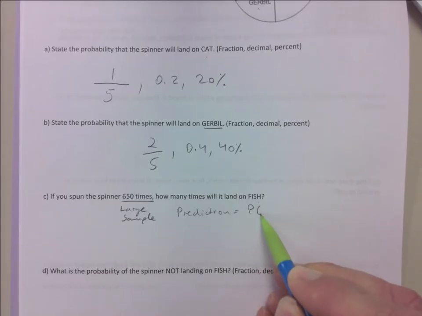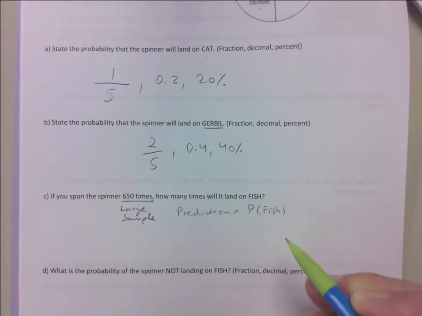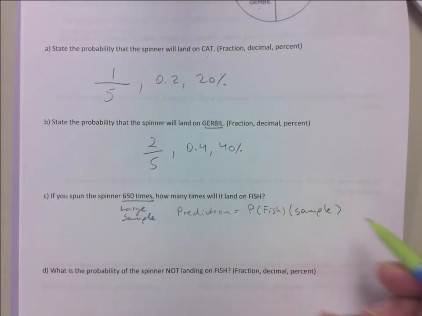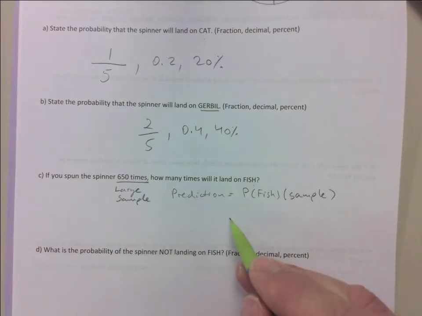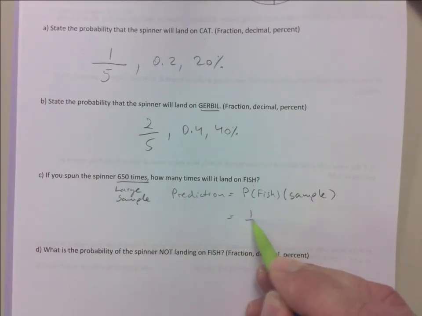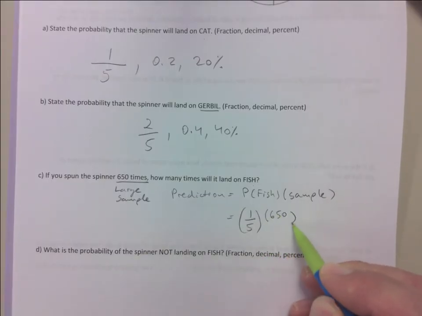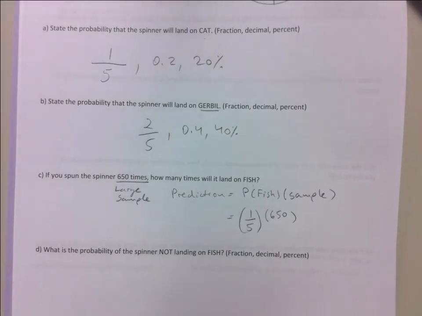You're going to go probability of it landing on fish times the larger sample that we're considering. Probability of fish is 1 over 5, and the larger sample is 650. So here we go. That would be 130 times.